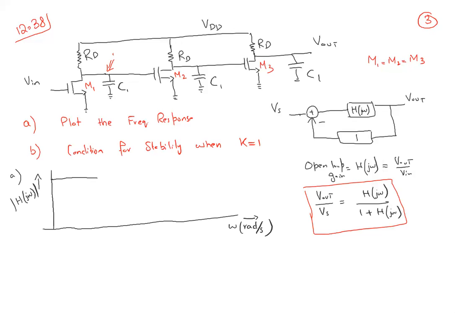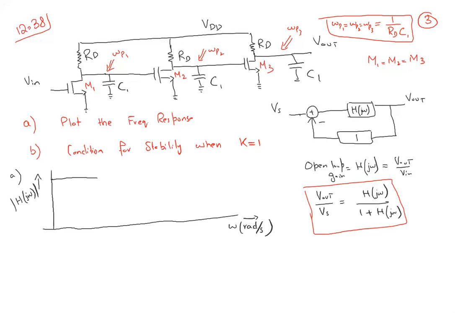So omega p1 will be here, omega p2 here, and omega p3 here. And what are the values of all of these? All values P1, P2, and P3 will be equal to what? Resistance times capacitance, 1 over RD C1. So now we know this. We have done this before in the frequency response. So we now know the cutoff frequency.